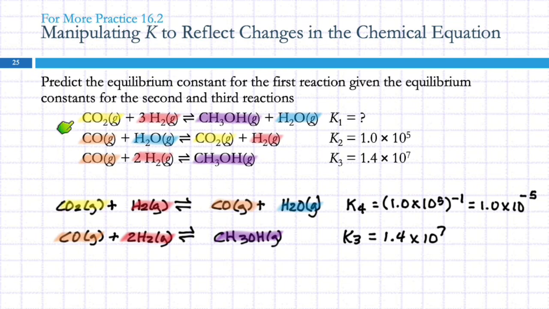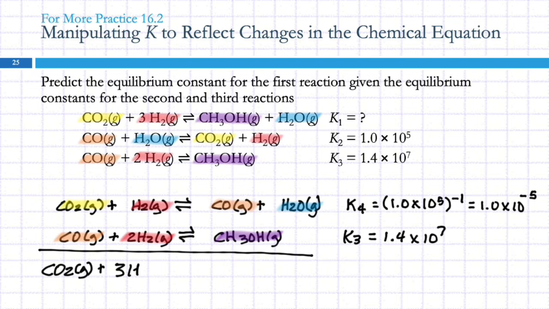So I've got CO2 and I've got 3 H2s. The reactants look like they're lined up. So let's just add them together and see if we get what we want. So CO2 plus 3 H2.